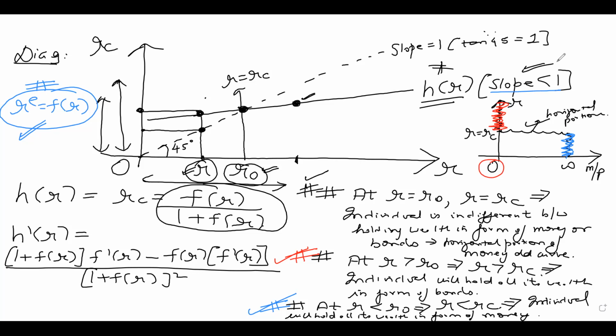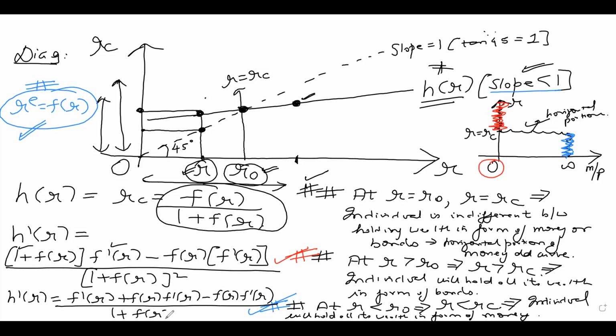So if I further solve this, I can open up the brackets: F dash R into 1 is F dash R, plus F of R into F dash R, minus F of R into F dash R, divided by (1 plus F of R) whole square. This cancels out with this. What do I get as H dash R?